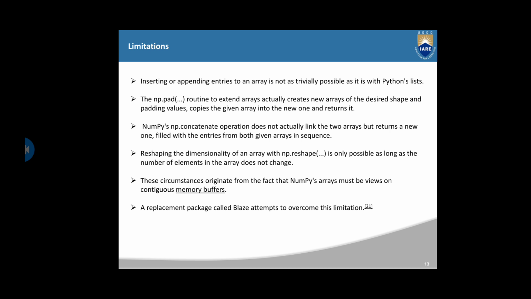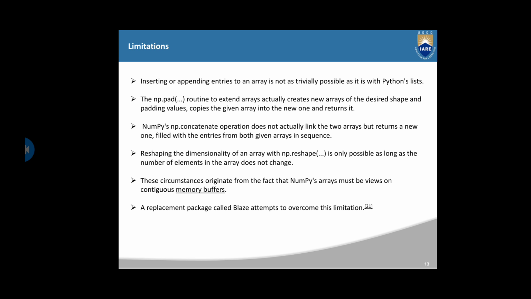Inserting or appending entries to an array is not as trivially possible as it is with Python's list. NumPy's concatenate operation does not actually link the two arrays but returns a new one filled with the entries from both given arrays in sequence.